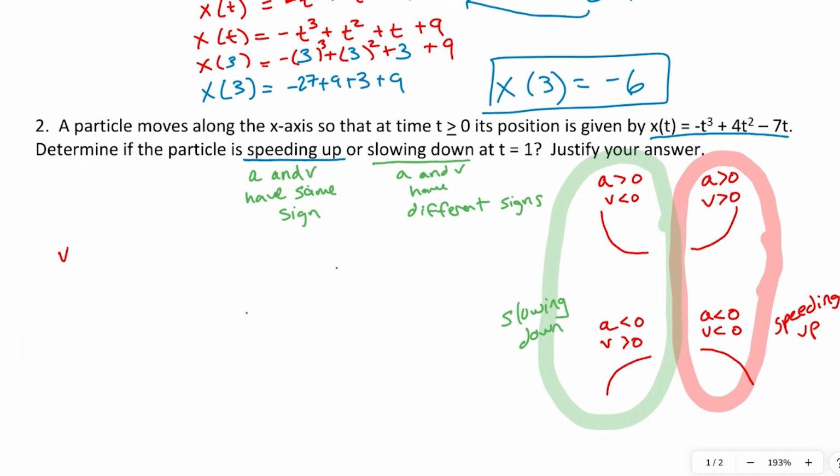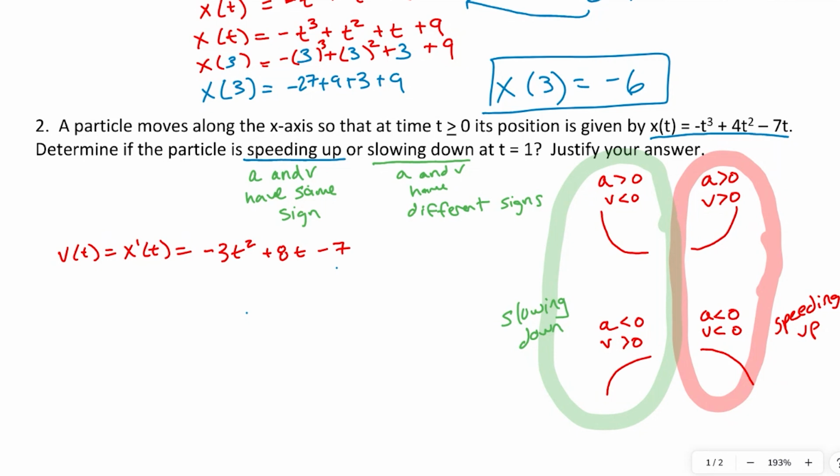So velocity, which is the derivative of position. I'm just going to differentiate this, not integrate. So this is just the old school power rule. It's going to be negative 3t squared plus 8t minus 7.